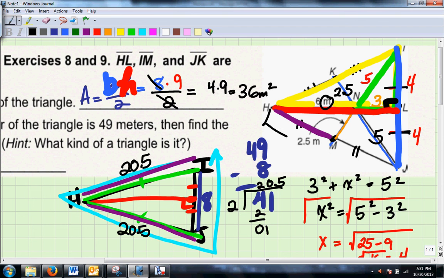So this whole side here is 20.5, and we're being asked to find MH. So of course, if you have 20.5 and you just want to divide by 2, you have 10.25, so 10.25.